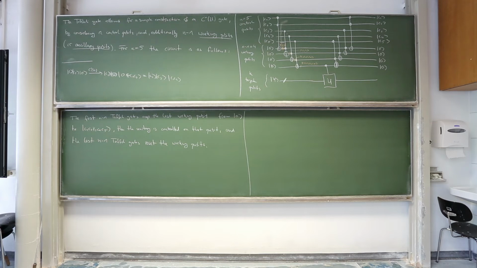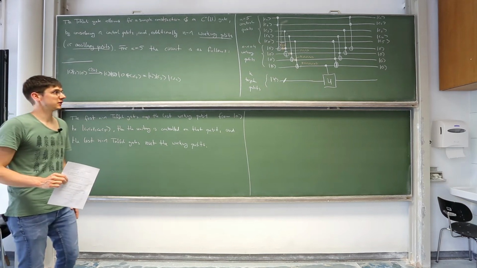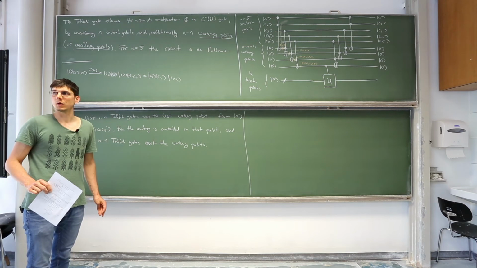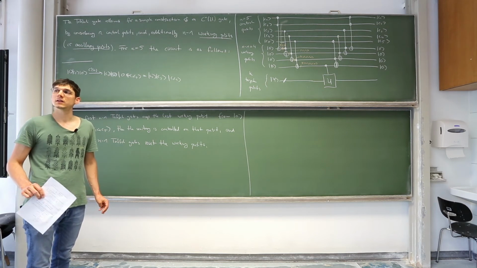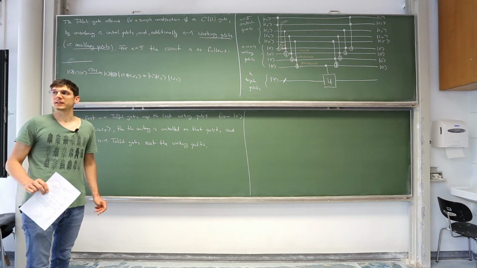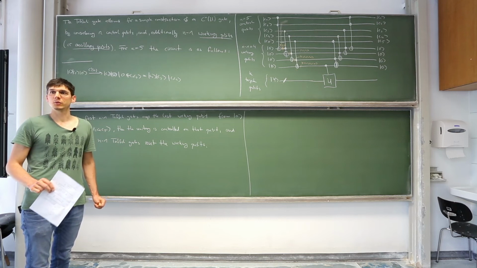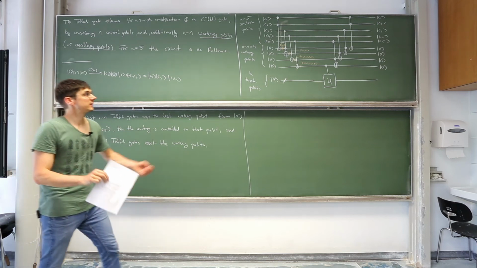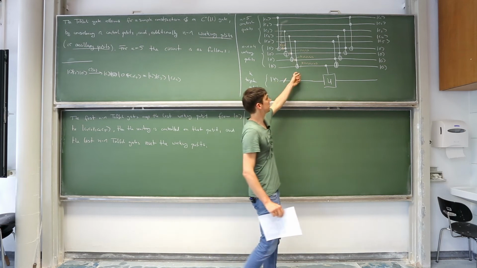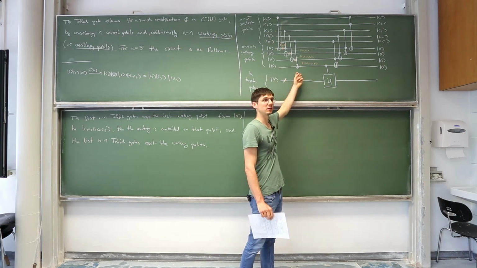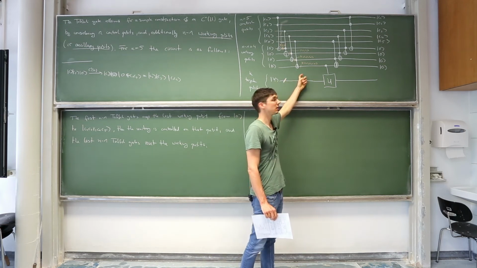Now, if we take into consideration that we know a circuit for the Toffoli gate in terms of CNOT gates and single qubit gates, we see that this can all be expressed in terms of CNOT gates and single qubit gates.